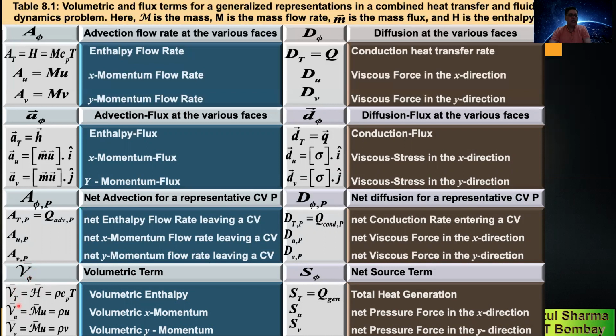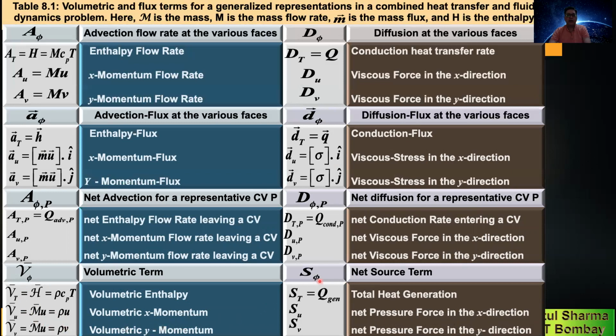If this phi is T, the volumetric term gives the volumetric enthalpy, which is enthalpy per unit volume, given by H bar, and this is equal to rho C P T. If this phi is U, it becomes the volumetric x momentum, that is x momentum per unit volume, which is given by mass per unit volume, m bar, which is rho, times U. And if this phi is V, it gives you the volumetric y momentum.